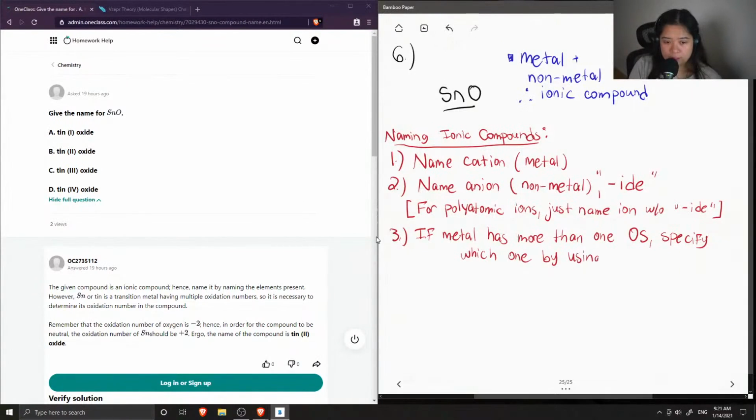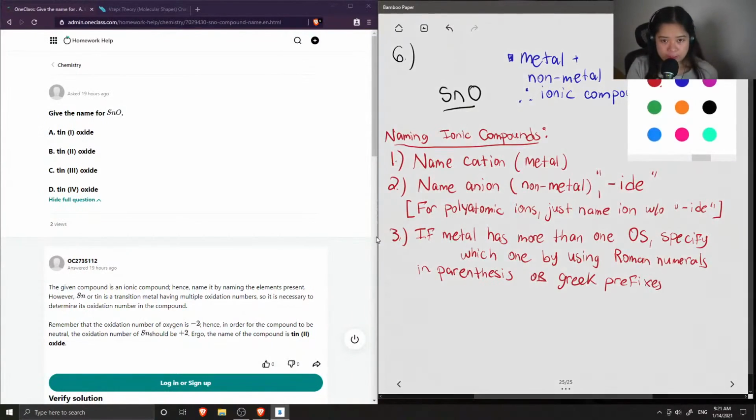And we do that by using Roman numerals in brackets. Or you can use the Greek prefix, but I tend to prefer just using the Roman numerals. Might be easier.